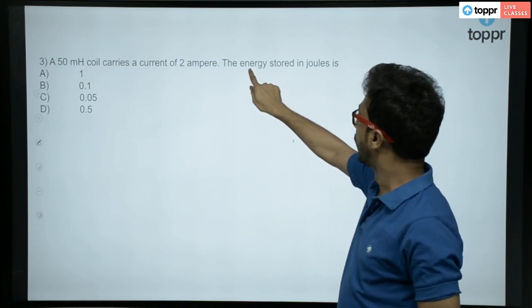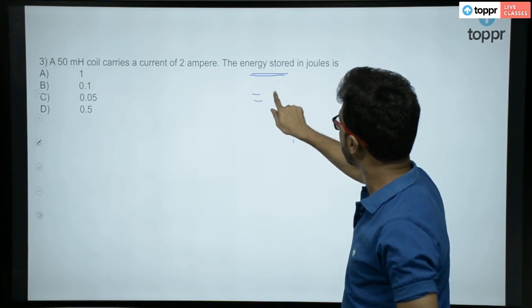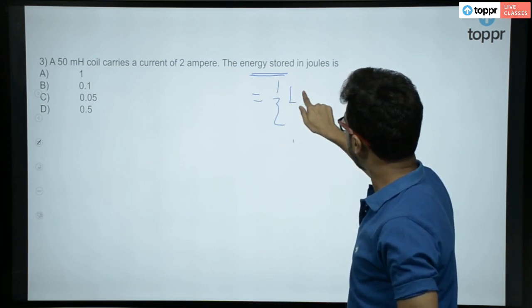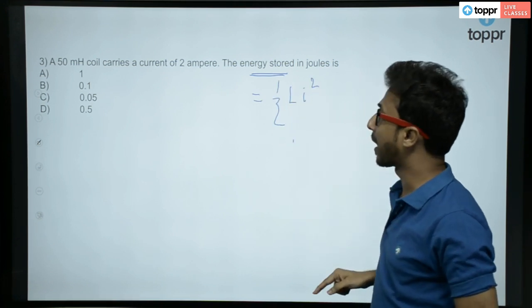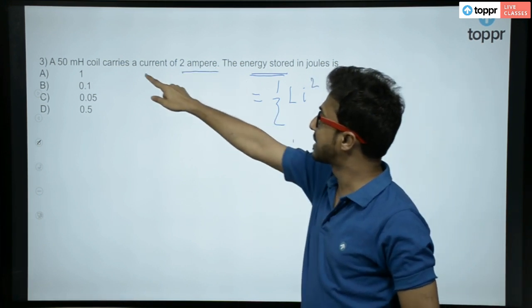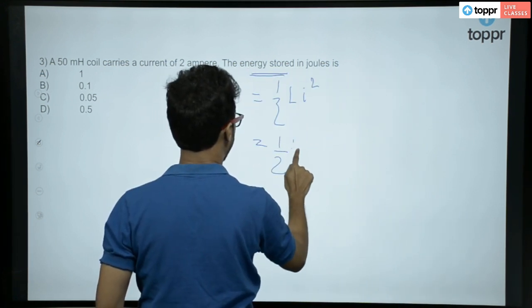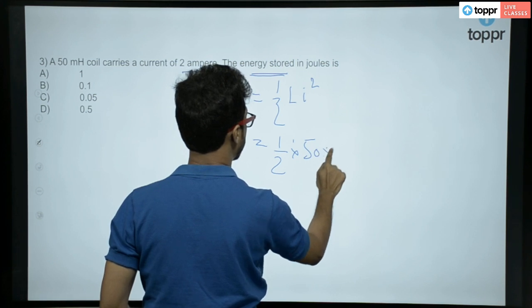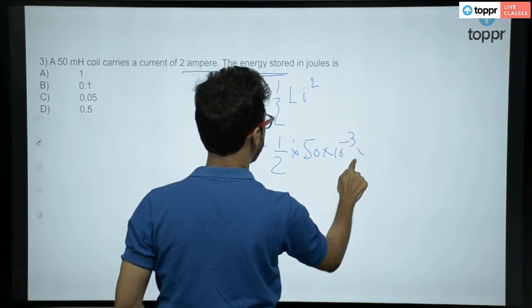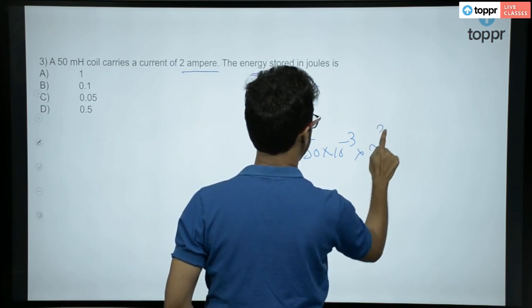Yes, you know the energy stored in an inductance is nothing but half L I square, right? I is nothing but 2 ampere, L is given 50 millihenry. So what will be the value? It is 50 into 10 to the power minus 3, into I, which is 2 ampere, so 2 square.